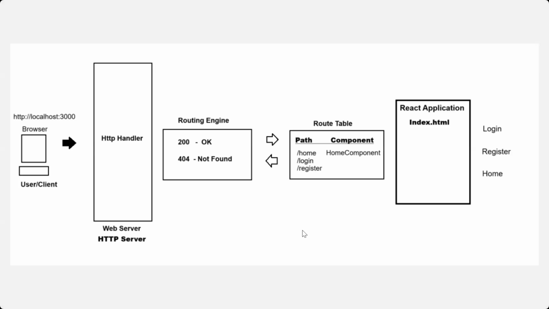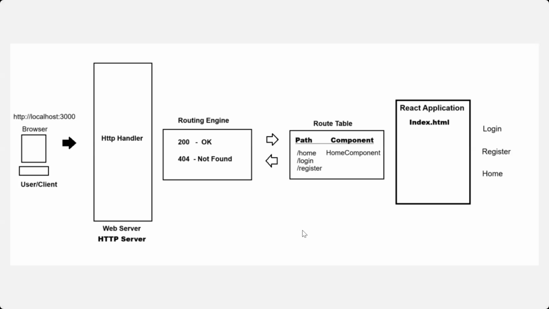And who is responsible for communicating with the router table? A routing engine. You will have a routing engine which is responsible for communicating with it. So when client makes a request from the browser, the request will come to the server. Server uses a handler.